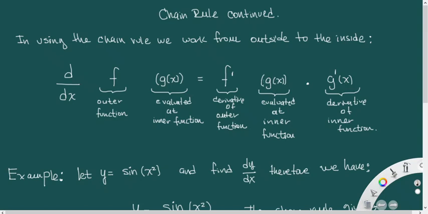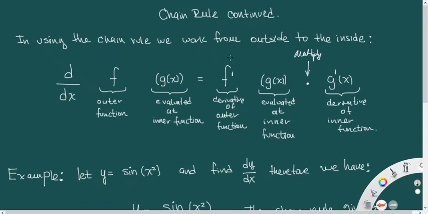So we are going to leave g of x as it is, but add the derivative of the outer function here. And once we have these two components, we multiply by the derivative of the inner function. So it is the derivative of the outer part evaluated at the inner part, times the derivative of the inner part.